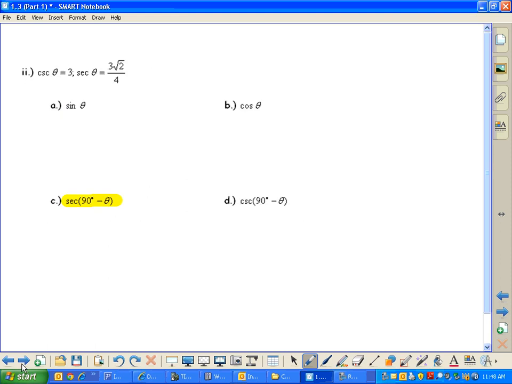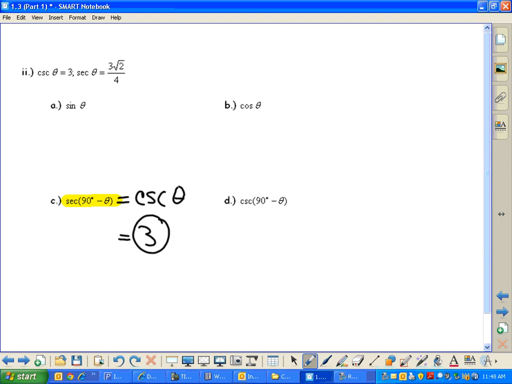Step 1 is to write what it's equivalent to. The secant of 90 minus theta is actually equal to the cosecant of theta. And they actually gave us the cosecant of theta in this problem. Cosecant of theta is 3. So the answer to that problem is 3.